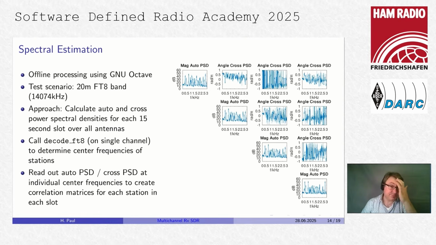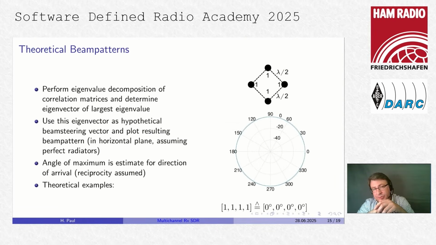And what you now can do is perform an eigenvalue decomposition. This is now advanced math. I don't want to go into much detail, but it's a one-liner in GNU Octave. And what I did is I picked the eigenvector that was associated with the largest eigenvalue, because that is basically the dominant transmission path, and normally the 3 other eigenvalues are much smaller and they don't contribute much.